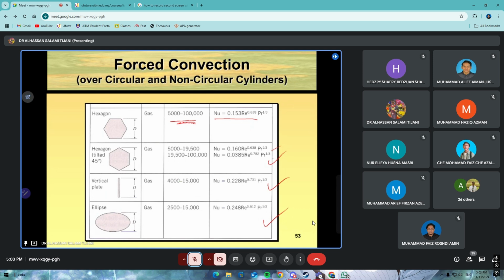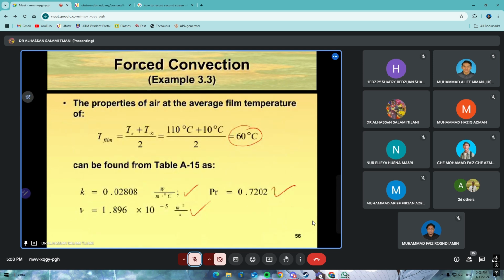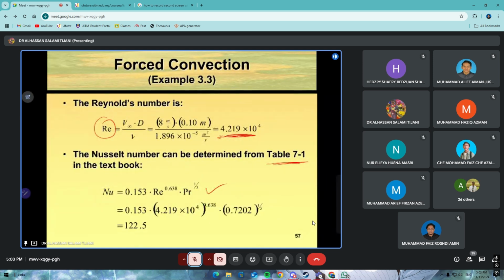The Reynolds number we got was 4.219 times 10 raised to the power of 4. So that gives us 42,000.